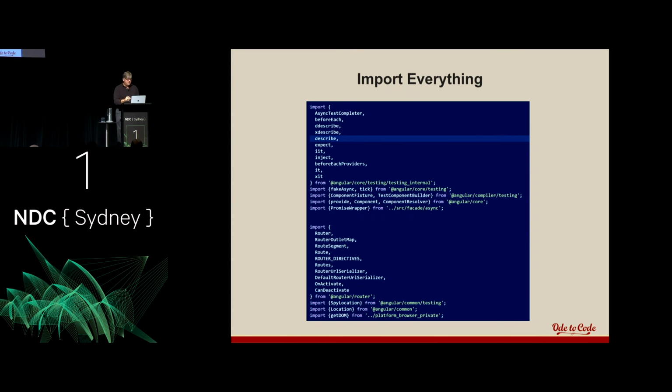This is actually from a unit test in the Angular 2 framework, where we're trying to write tests using ECMAScript 2015 modules. First, we have to import things from the test framework. Then we have to import some of our infrastructure that helps us test things. Then we have to import the things that we actually want to test. And then we have to import some other helpers down here. So there's 40-some lines of imports before I even get to the test code.